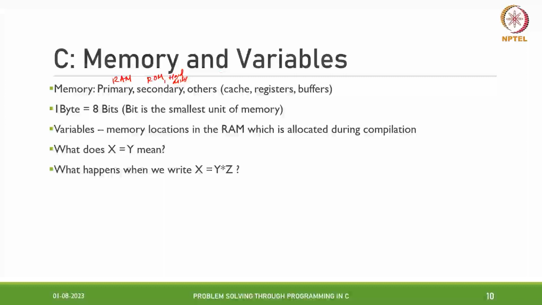And then you have other memories such as the cache, registers, buffers, and so on. So you have L1 cache, L2 cache, maybe L3 cache, depending on the machine that you have. These are very fast memory registers, and you don't need to be really concerned with them. They work on an operating system level.